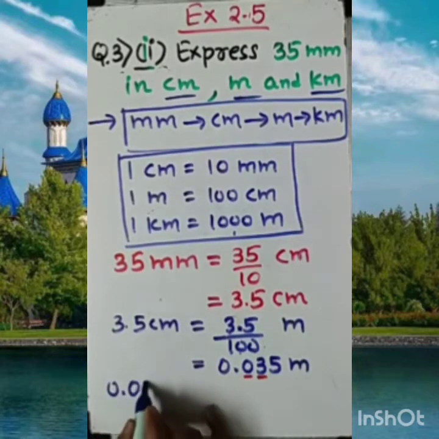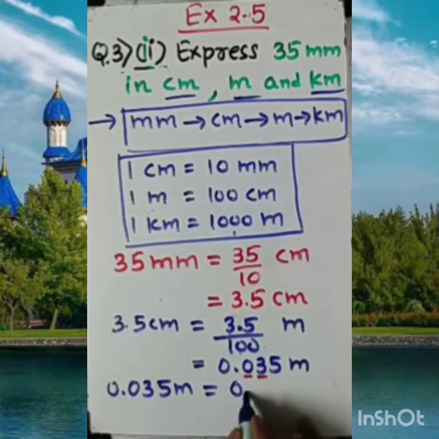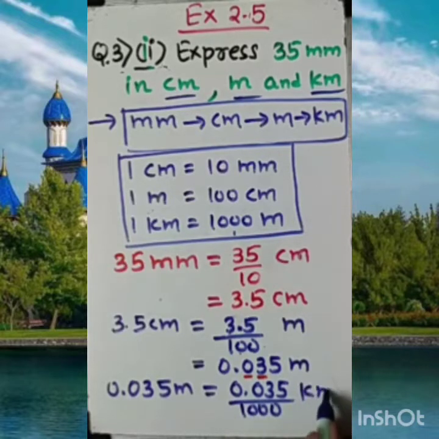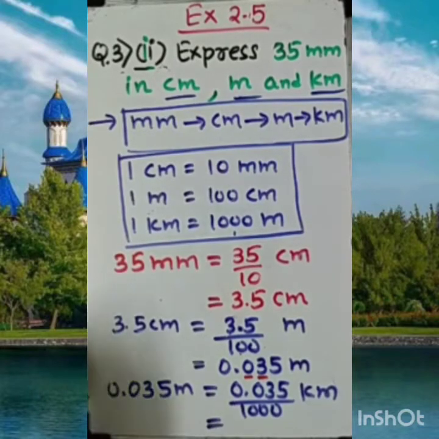So if we proceed with 0.035 meter, and divide 0.035 meter by 1000, then it will be a conversion into kilometer. Now keeping this in mind, how many digits do we need to shift more? Because 3 is already there. So I need to shift 3 digits. 1, 2, 3.